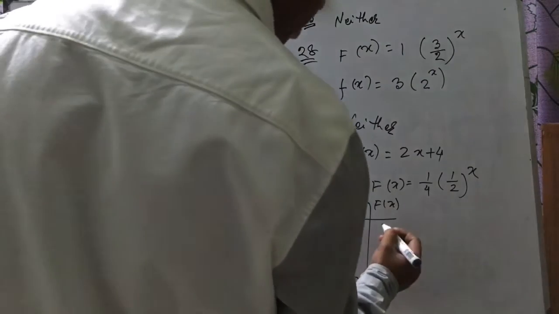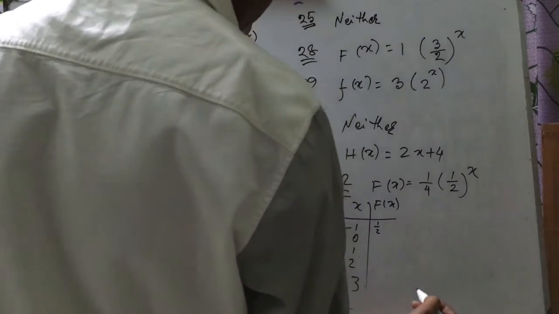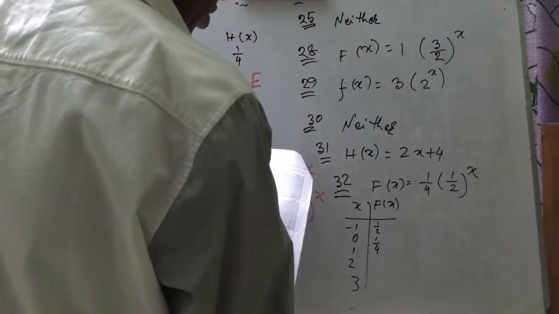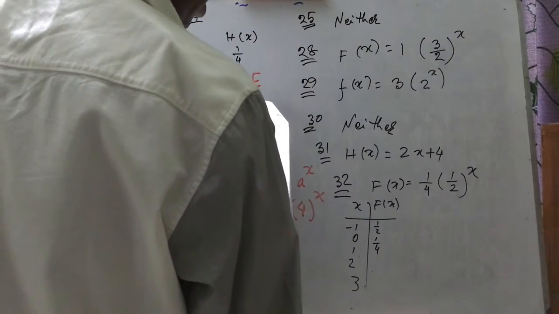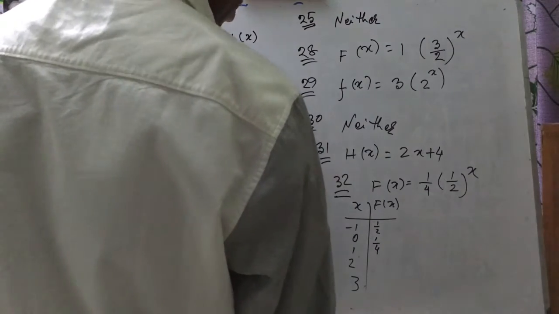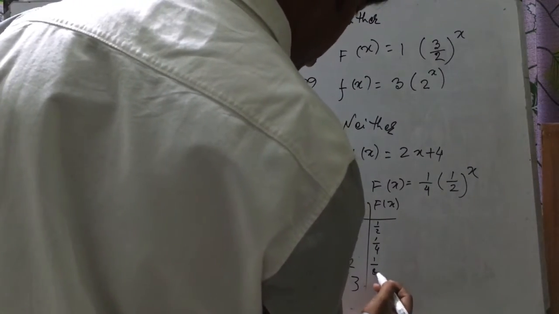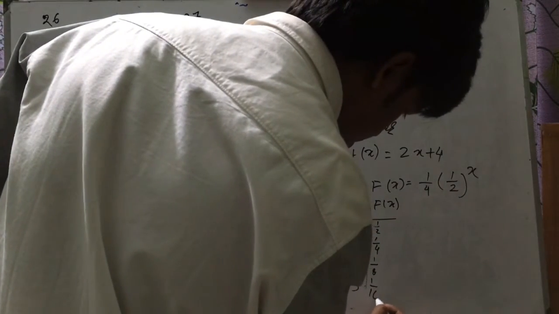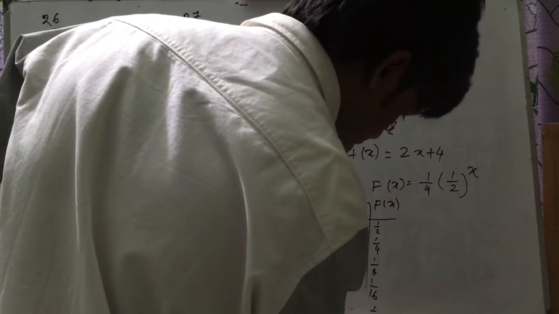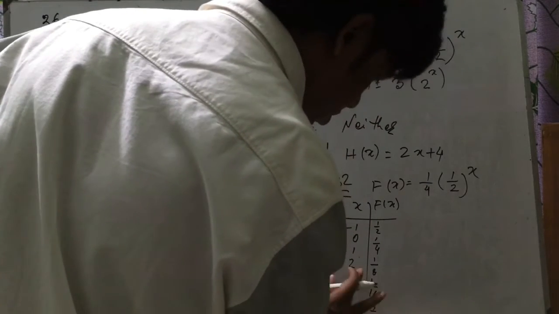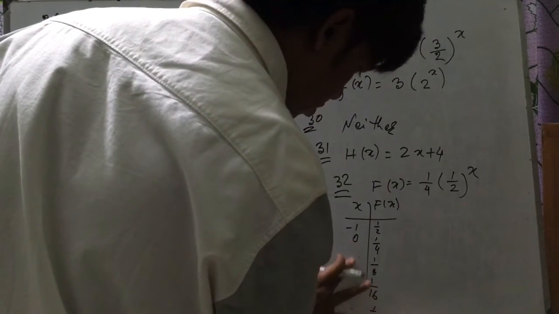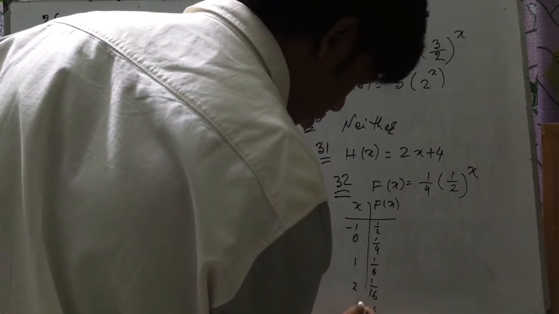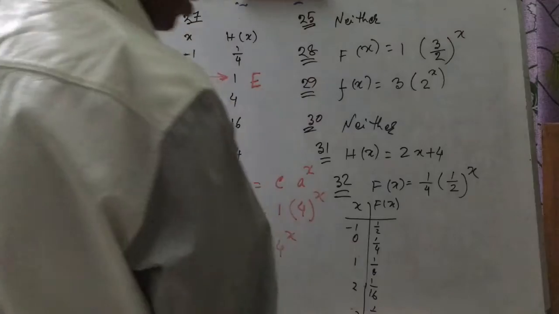Then the values given are 1 by 2, then 1 by 4, then 1 by 8, then 1 by 16, then 1 by 32. Sorry for writing in such small letters. So these are the values.